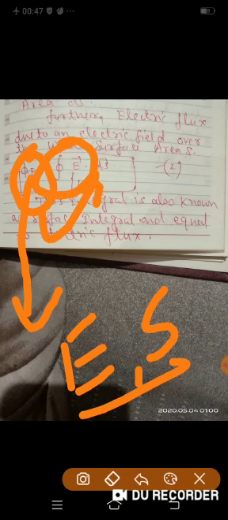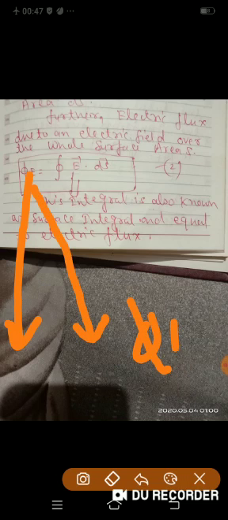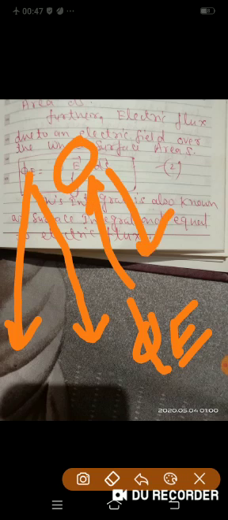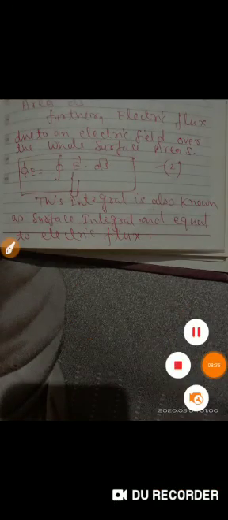So if you want to calculate the surface integral, you have to calculate electric flux, or vice versa, if you want to calculate electric flux, then you have to calculate the surface integral due to electric field E over the area s. Okay, so I am going to remind you one more time what we did so far.